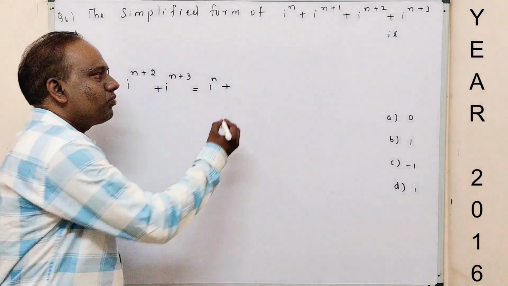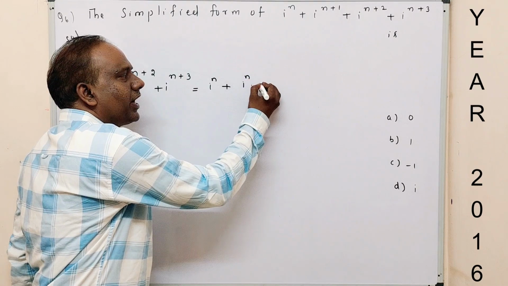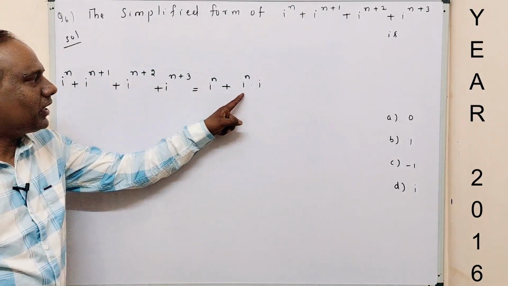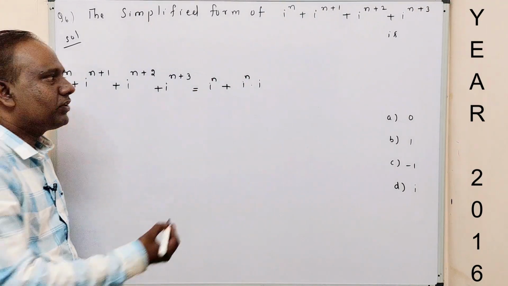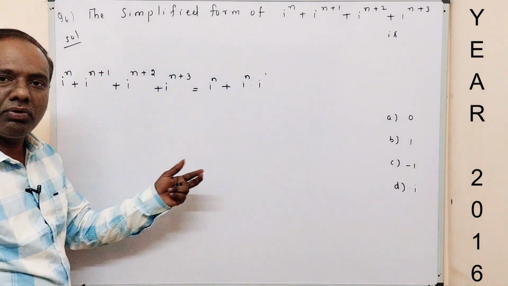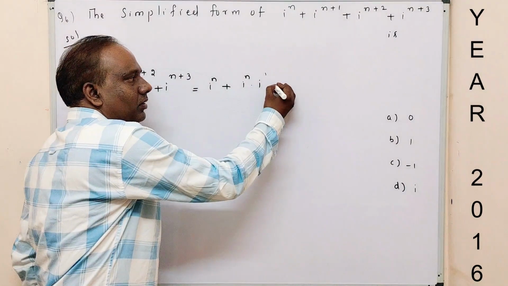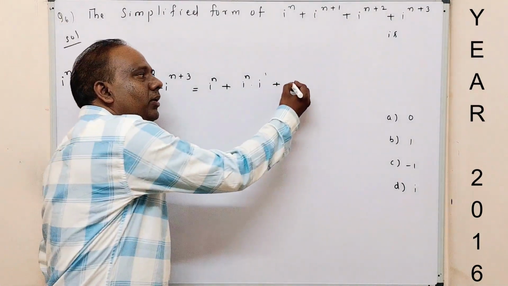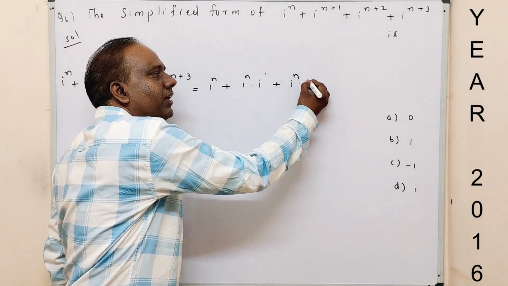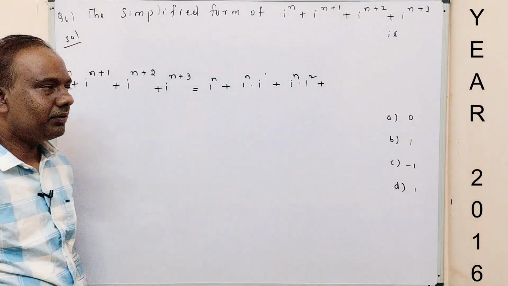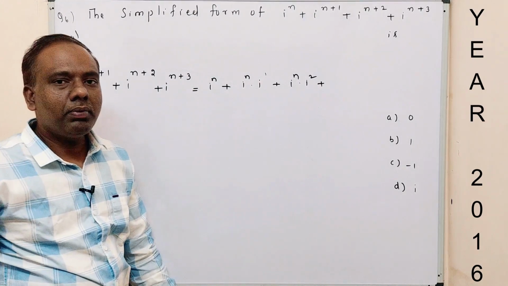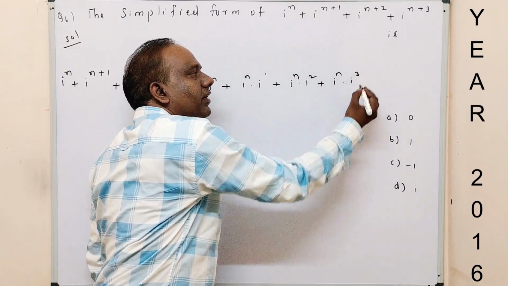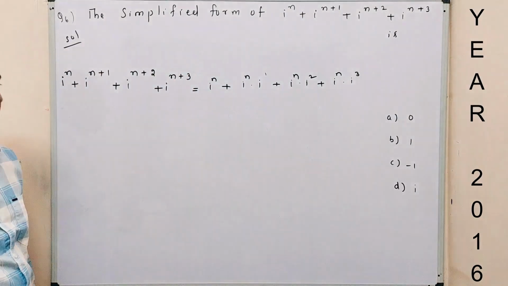i power n plus 1 can be written as i power n into i, actually i power 1, which means i only, plus i power n plus 2. i power n plus 2 is i power n into i square. Then i power n plus 3 can be written as i power n into i cube.